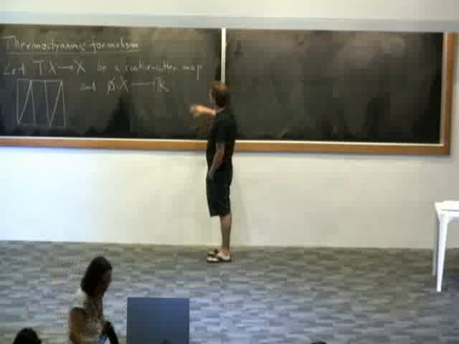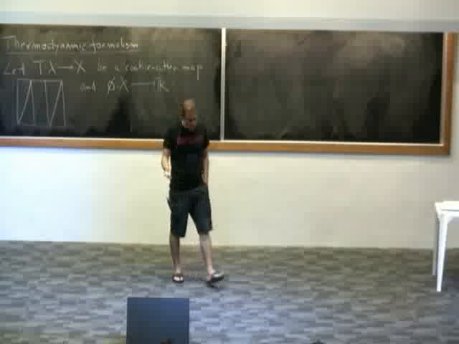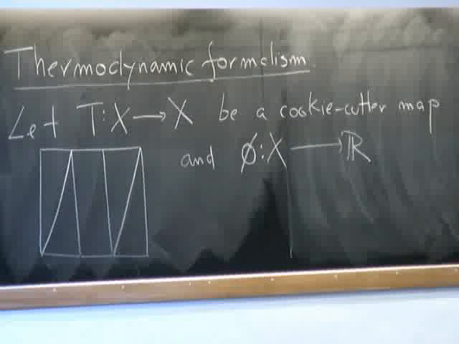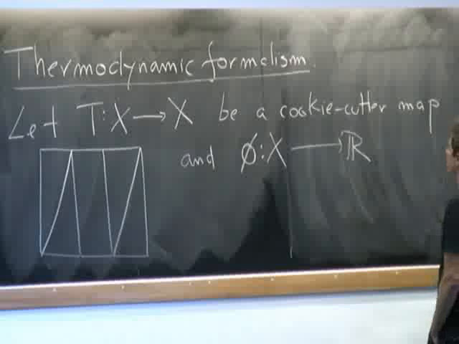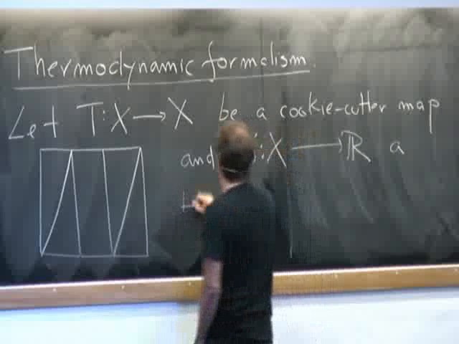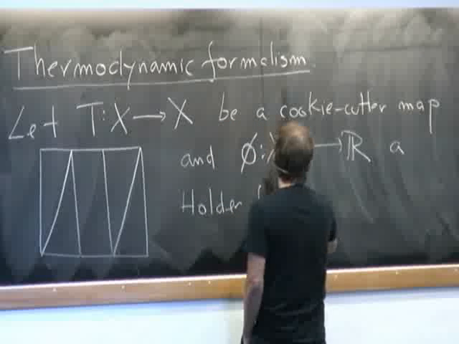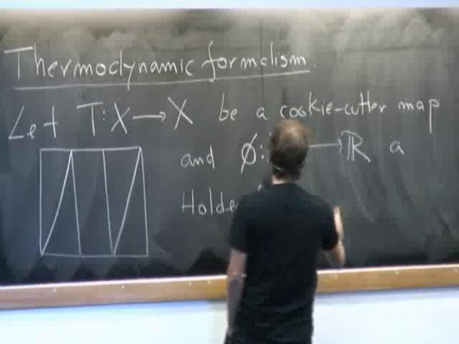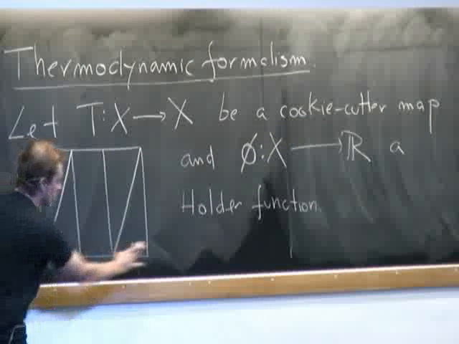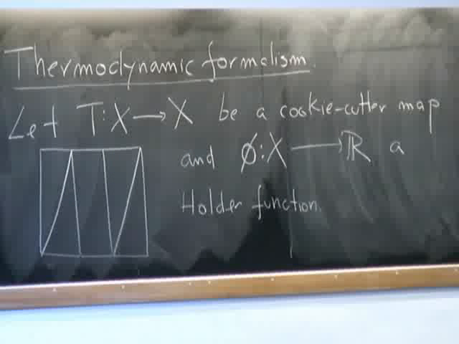In order to make things simpler, I will ask also the potential to behave well. One could eventually define the pressure for any continuous map, but I will ask better regularity properties here. So a Holder function. Actually, for what I'm going to do today, I only need this function to be piecewise constant in each of the pieces that define the cookie-cutter map.